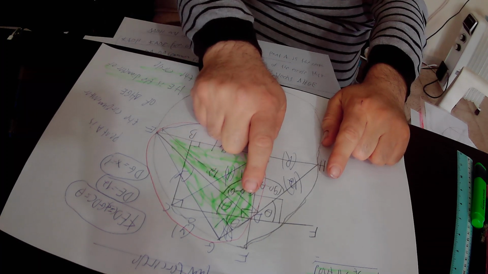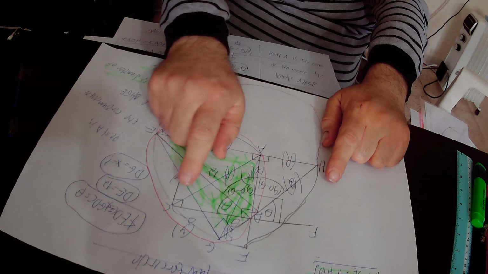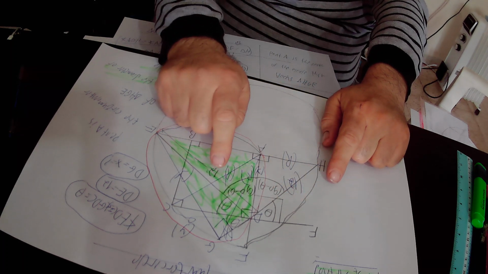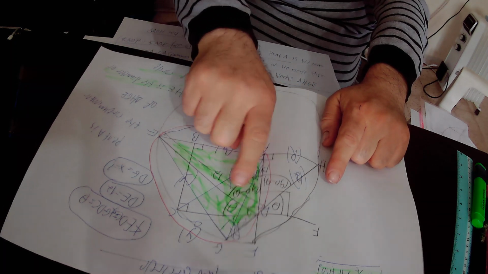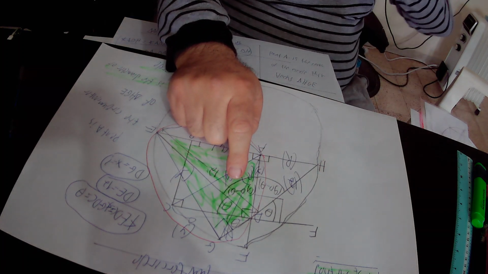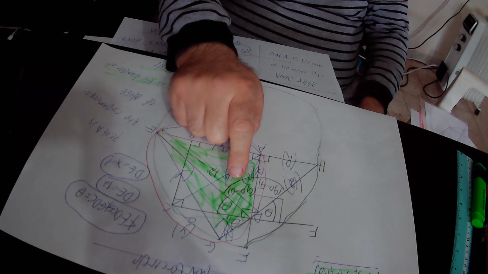CD is a straight line, and we extended the straight line CD by a straight line, and therefore the result CF is also a straight line. If you focus on the lower side of the straight line CF at point D, the sum of the angles must be equal to 180 degrees according to the rule that the sum of the angles on one side of a straight line is equal to 180 degrees.